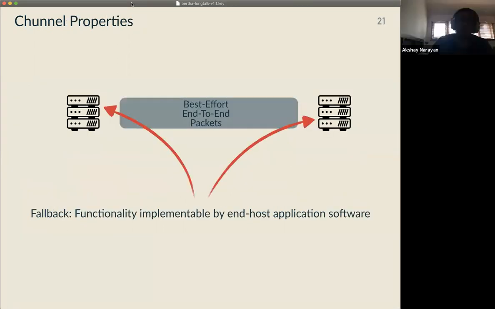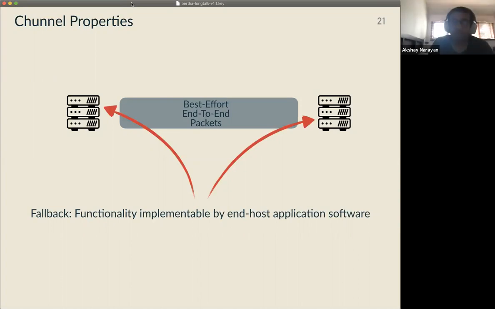So when implementing our channel interface, we have three goals to keep in mind: portability, safety, and compositionality. We've come up with some rules that channels should follow so that providing these goals is possible. Let's first look at portability. Say our application is running in a network in which there are no fancy hardware offloads available. In this case, the functionality still needs to be implemented somewhere, and the only place left is in software in the application.